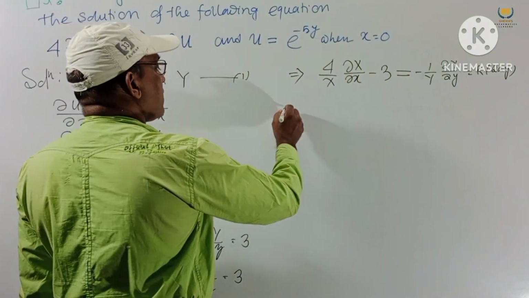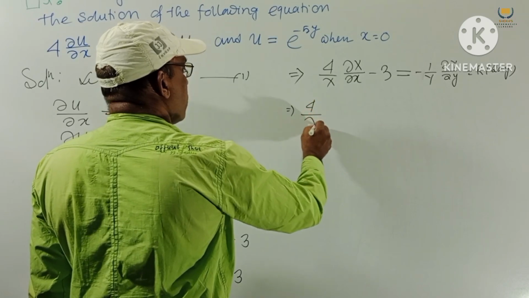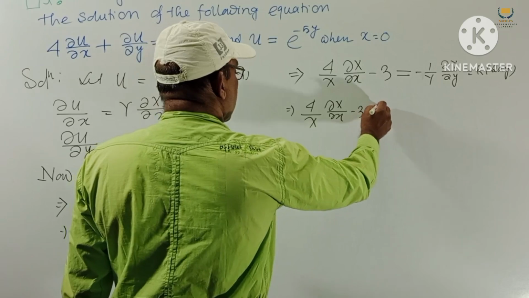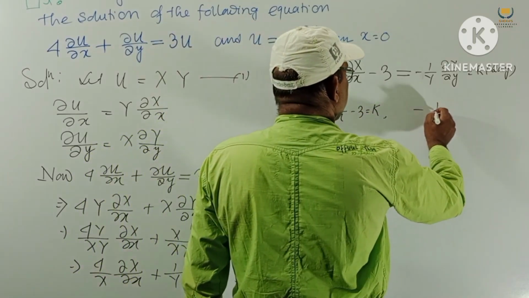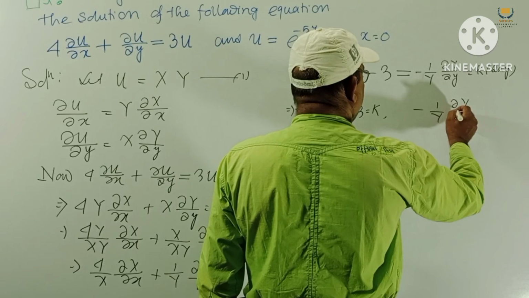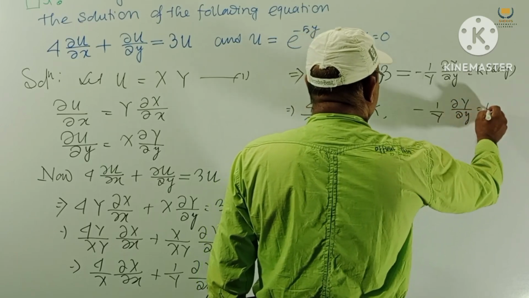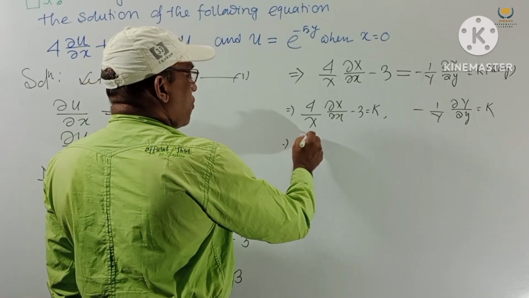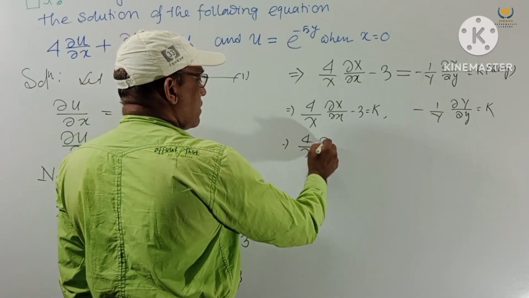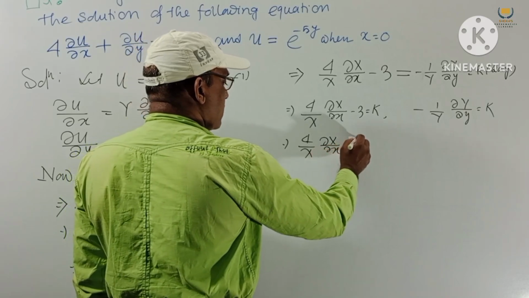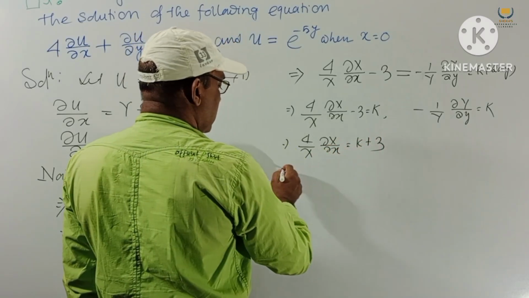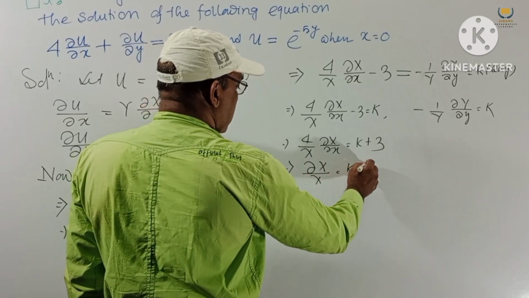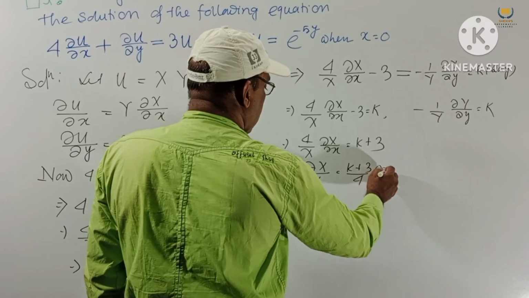So 4/X ∂X/∂x - 3 = k and -1/Y ∂Y/∂y = k. This implies 4/X ∂X/∂x = k + 3, and ∂X/X = (k+3)/4 ∂x.